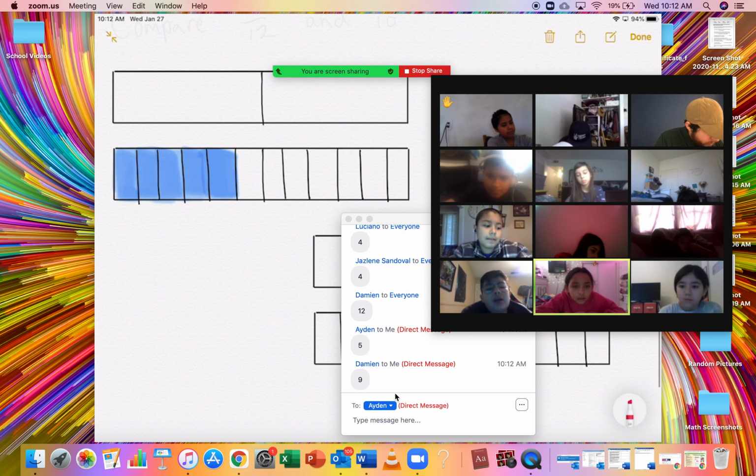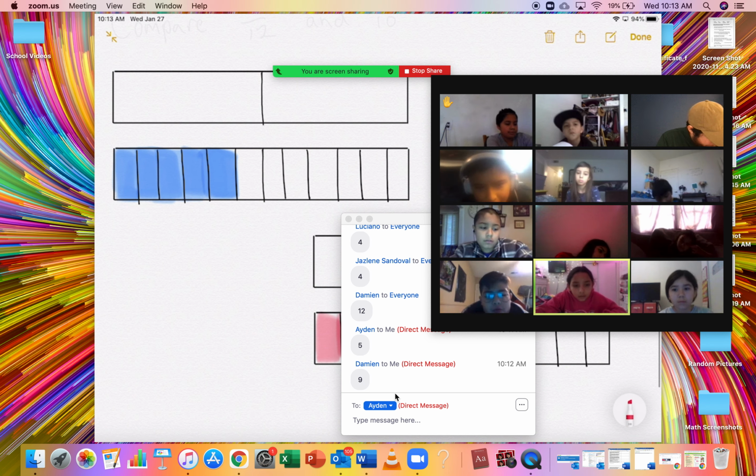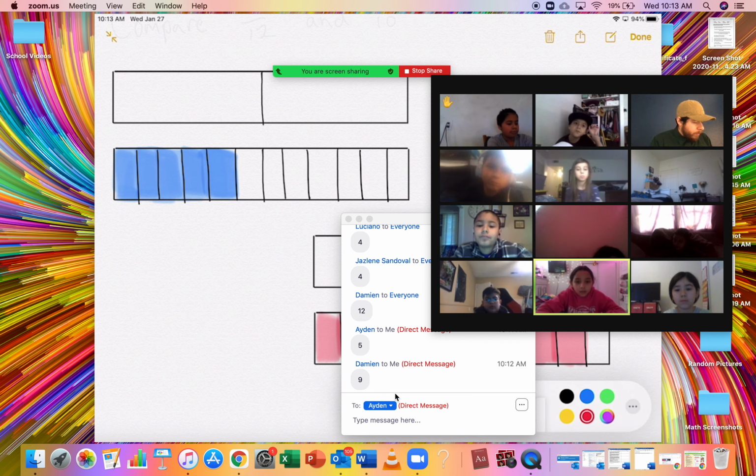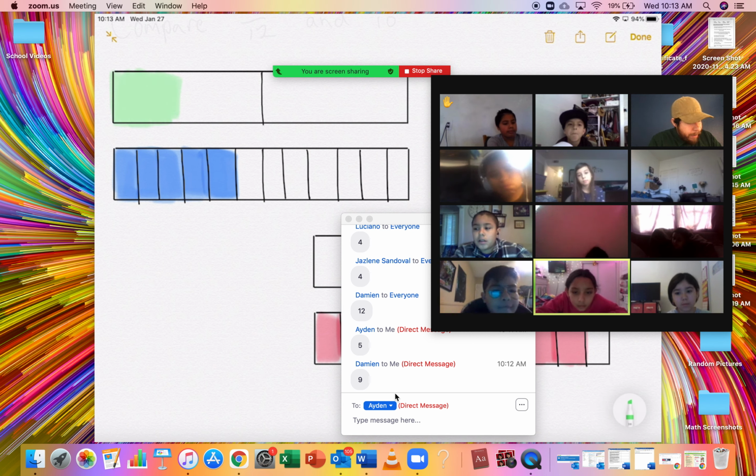I'm going to move this down. 1, 2, 3, 4, 5, 6, 7, 8, and 9. So using the same theory we used before, here we have our benchmark fraction of 1/2, right?